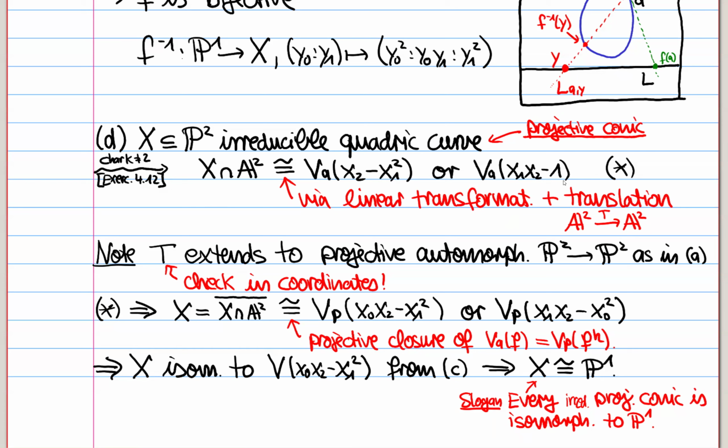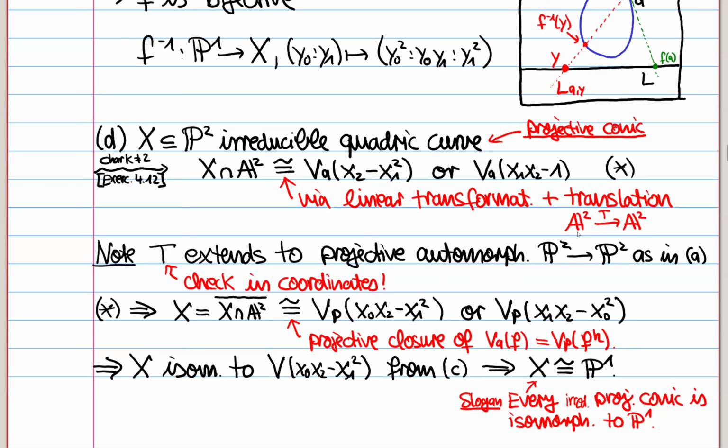Then the next claim is, this was happening in A2, but this combination of linear transformation plus translation gives you a map called an affine map from A2 to A2. And the claim is this affine map in fact extends to a projective automorphism from P2 to P2. A2 sits in here, A2 sits in here.